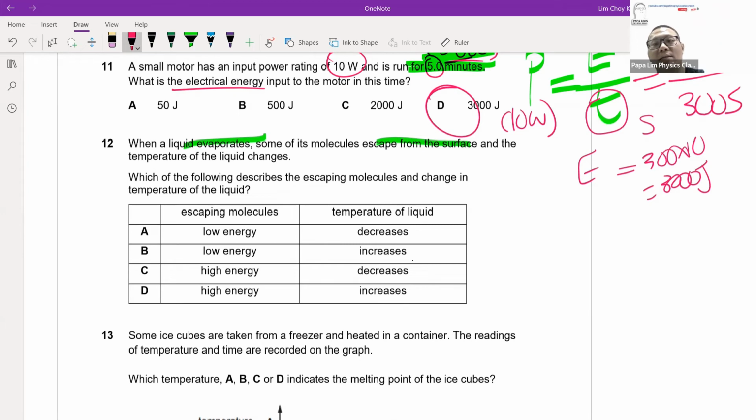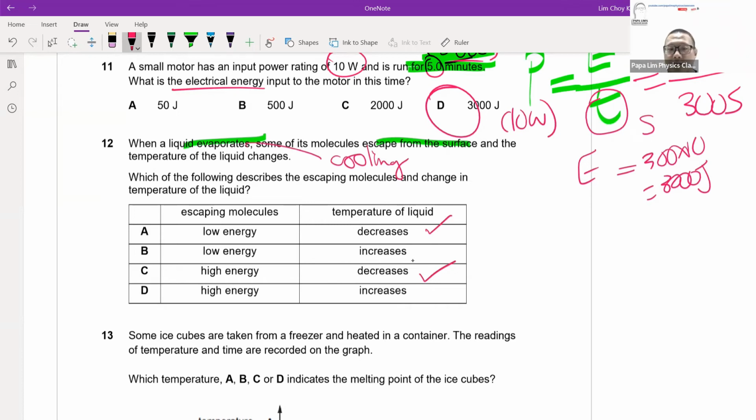Then the other is the molecules that are remaining. One of the highlights we always talk about is the cooling effect. Because when the energetic molecules leave the system, the remaining molecules, which have lower kinetic energy, will have a lower temperature. So for evaporation, definitely the liquid temperature will be decreasing.